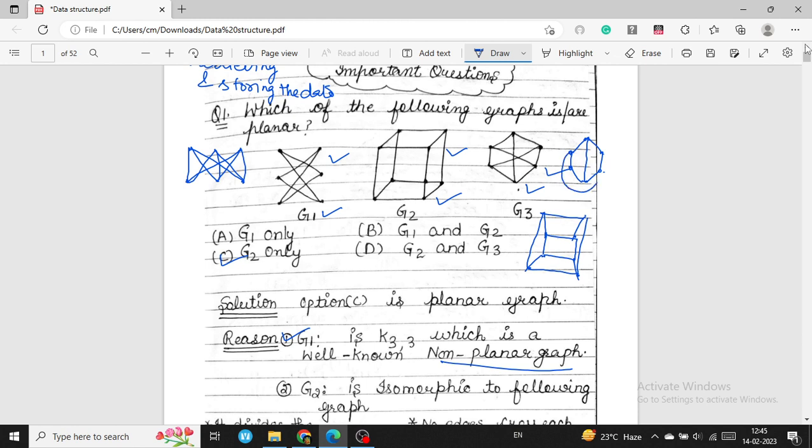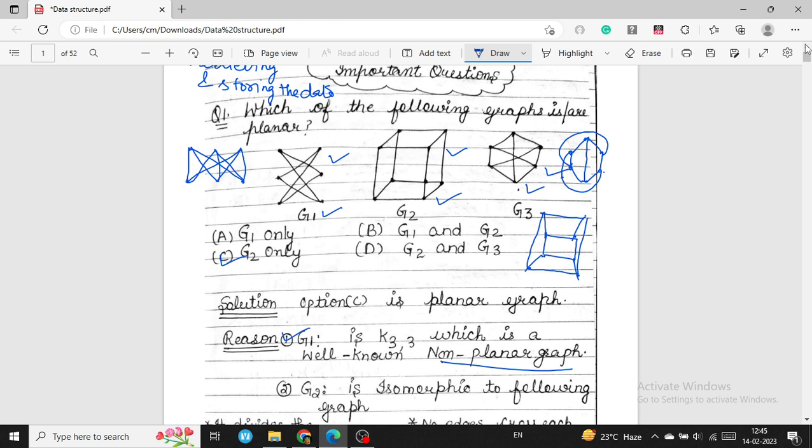I draw this outside, and if you want to draw this line, then it will be cut. When we take it outside, then it also cuts this line. So that's why we can say it is a non-planar graph, because in this the edges cross each other.